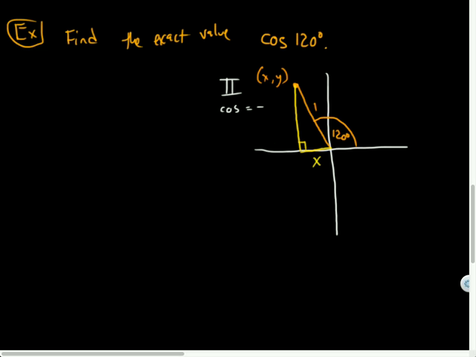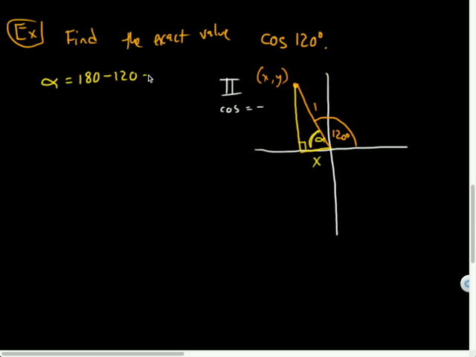So now we don't know cosine of 120, but if I want to figure out the ratio of this to this, I can work within this triangle, right? And what angle would this be? I can find the reference angle by doing 180 minus 120. Now this particular formula only works in quadrant 2, I want to point out.